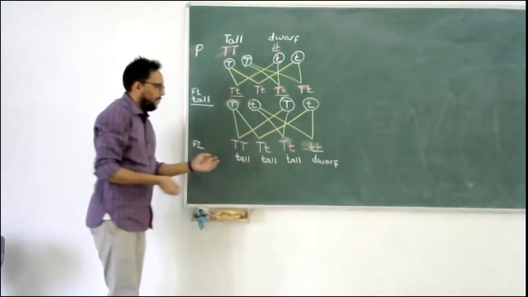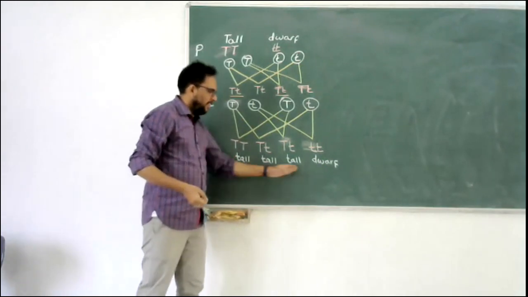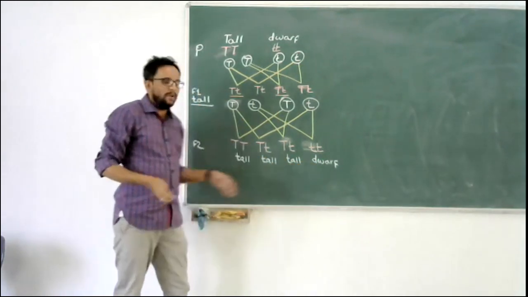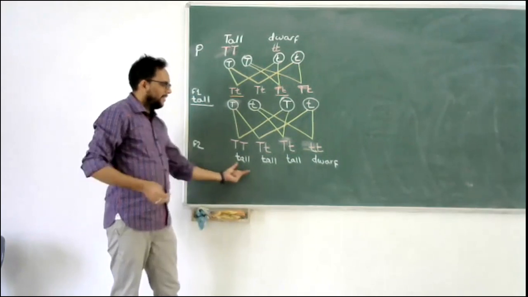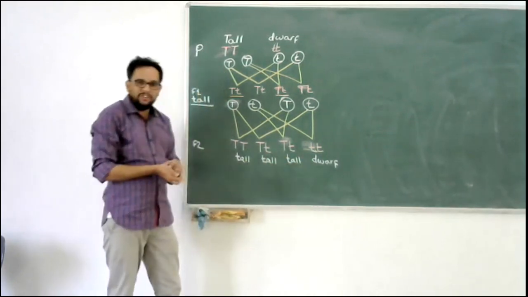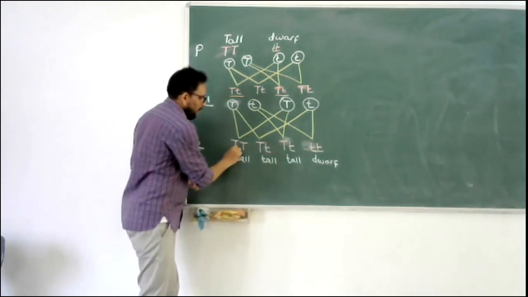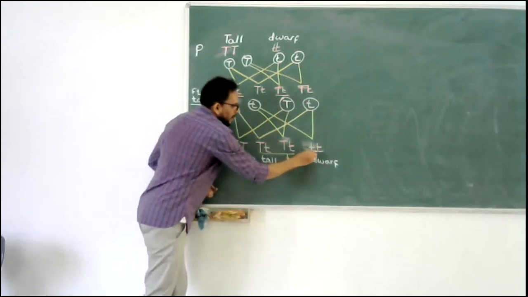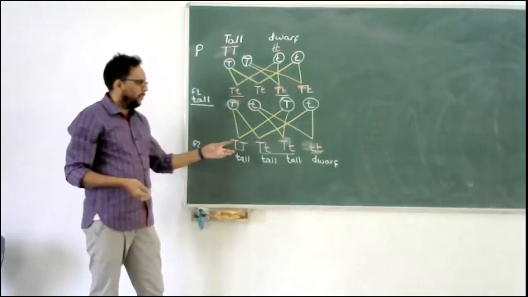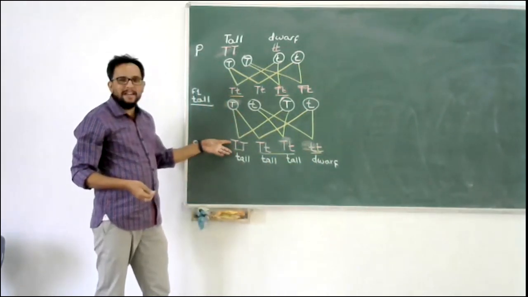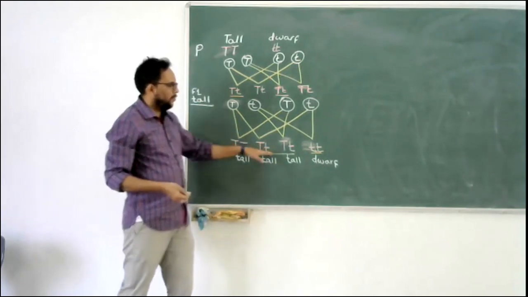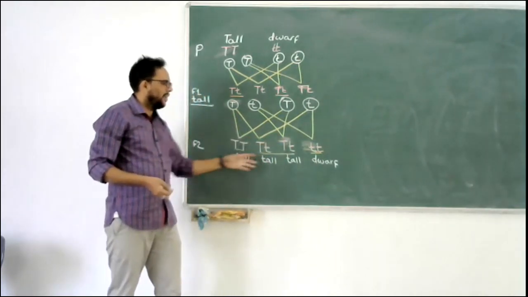If you look at the phenotype, there are 3 tall, 1 dwarf. So the phenotypic ratio is 3:1, and the genotypic ratio is 1:2:1. Genotype, that means the allele ratio, is 1:2:1. Phenotypic ratio is 3:1.